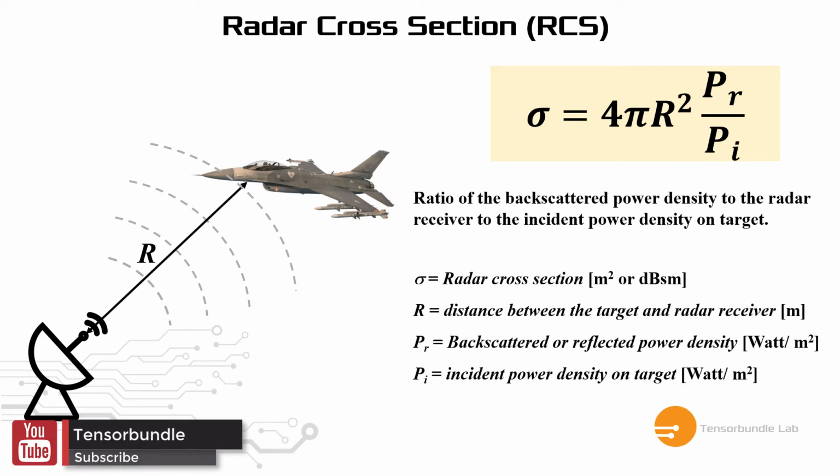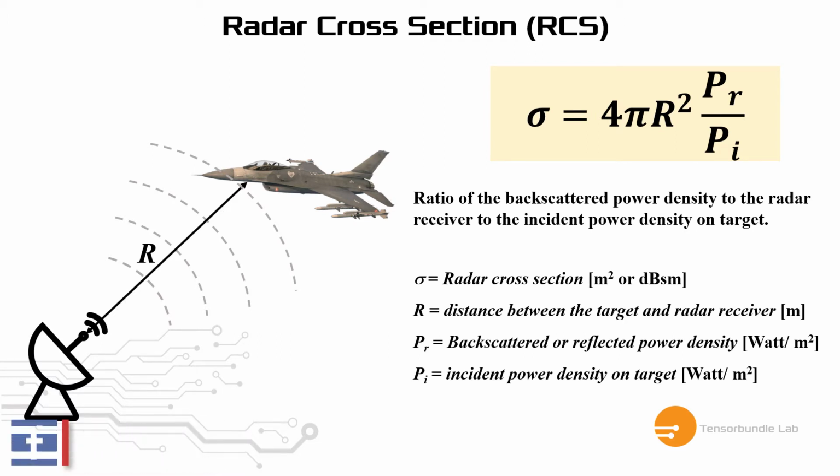And RCS is primarily measured in terms of square meters, or in a more conventional unit, which is known as dBsm, decibel square meter. And it's basically the ratio of the backscattered power density to the incident power density on the target. And backscattered power means the reflected power from the target to the radar receiver antenna.